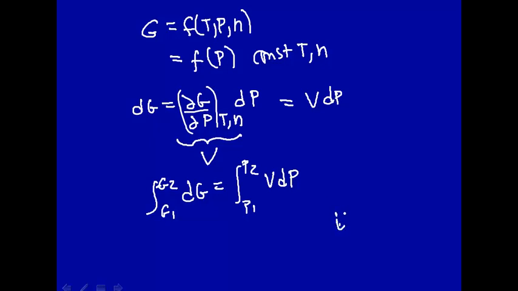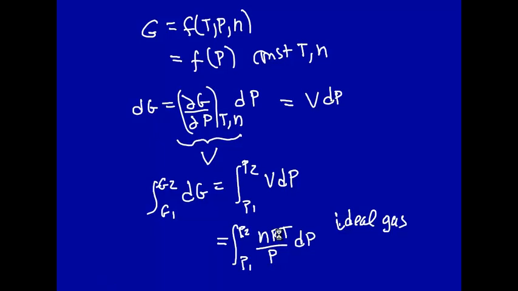Let's make the usual assumption we have an ideal gas. So we can replace V with nRT over pressure. So this will be the integral from P1 to P2 of nRT over pressure dP.